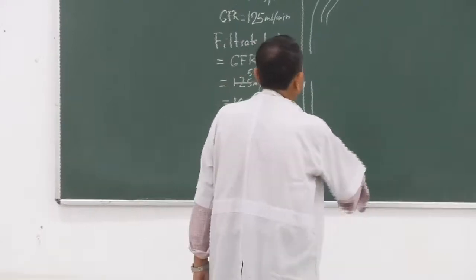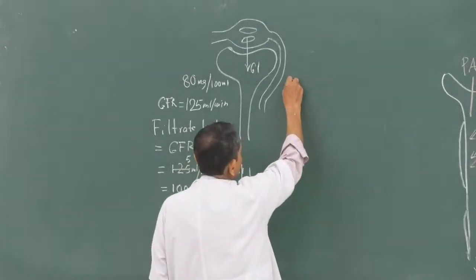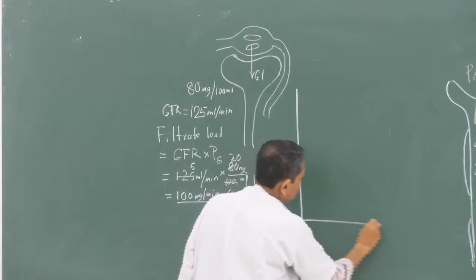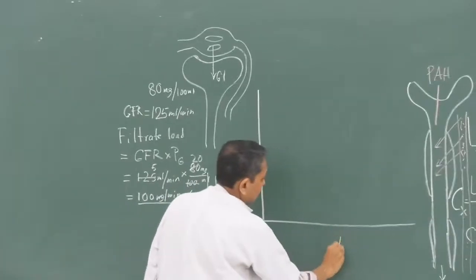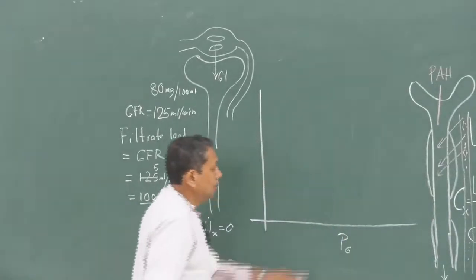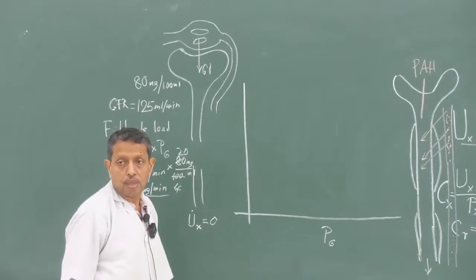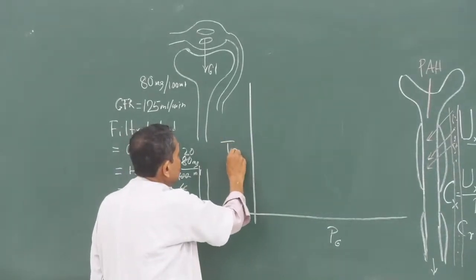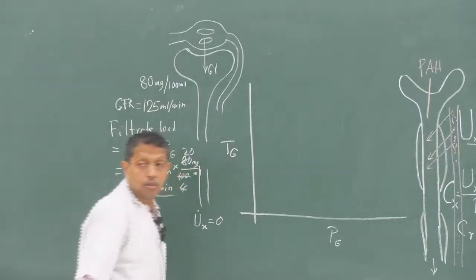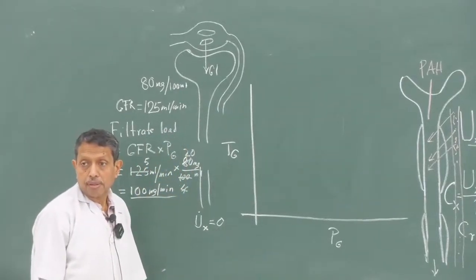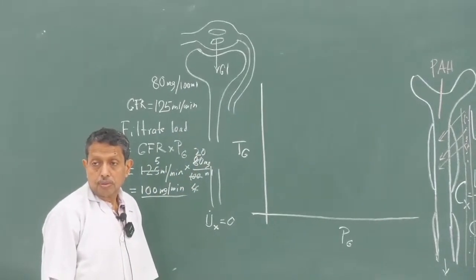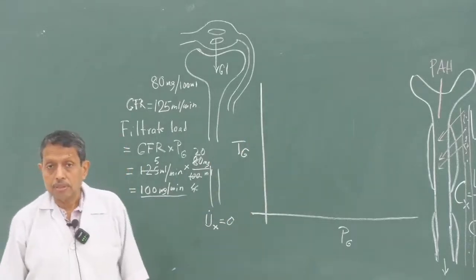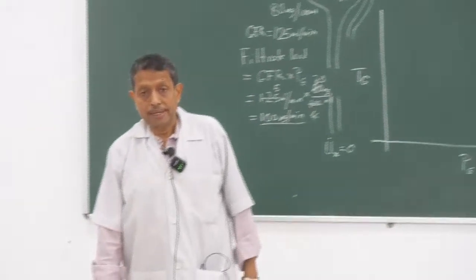If you draw this titration curve given in the textbook, arterial plasma glucose concentration on the axis, and in this curve you can take whatever amount that is filtered.